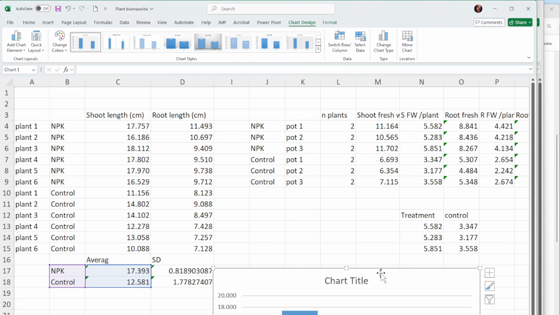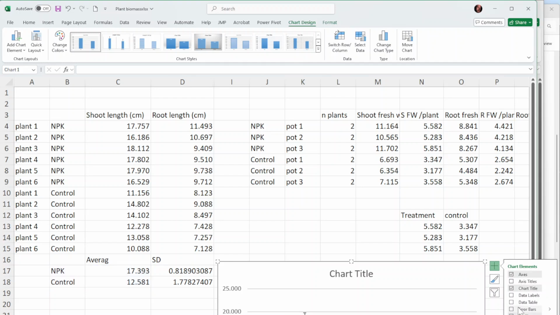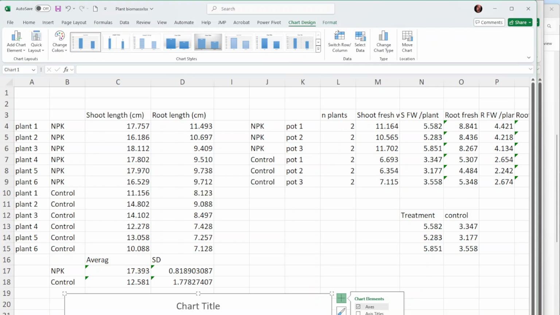The next thing I want you guys to do is, whenever you have replicates, show the error bars. Click here on the corner, there is a plus, and you click on that plus and select error bars. Then the error bar appears, and you click on that error bar, right click and go to format error bars.